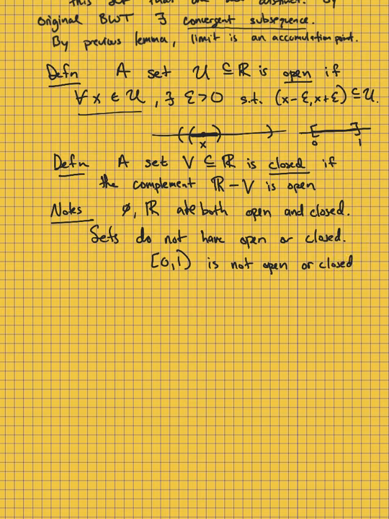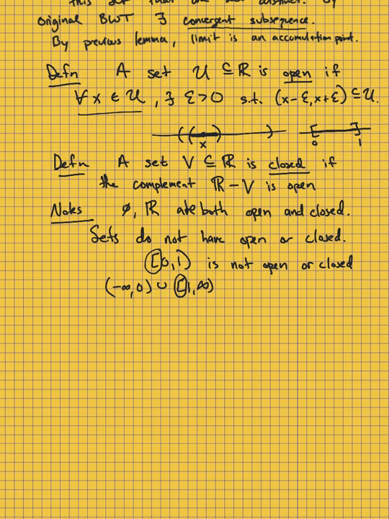Its complement would be (1, infinity) union (minus infinity, 0]. And this won't be open. Well, the set (0, 1] won't be open because of this endpoint essentially, and this other piece won't be open because of that endpoint.